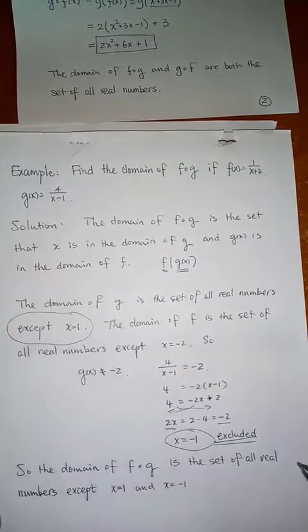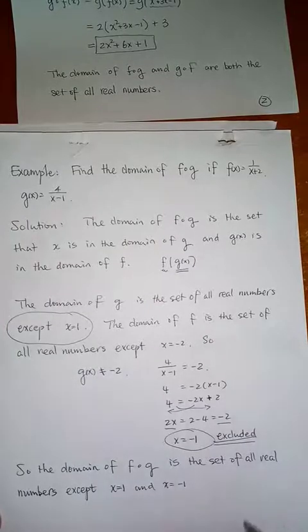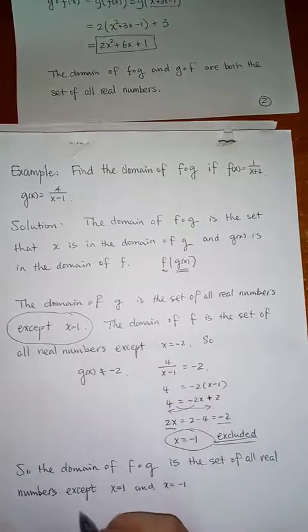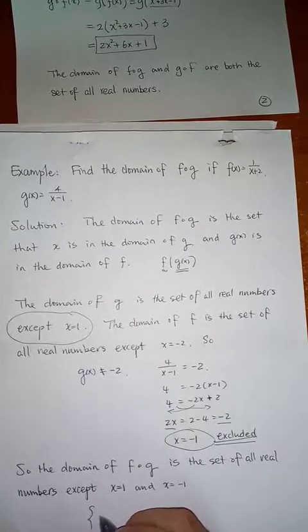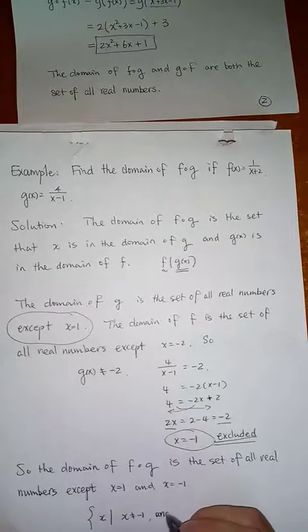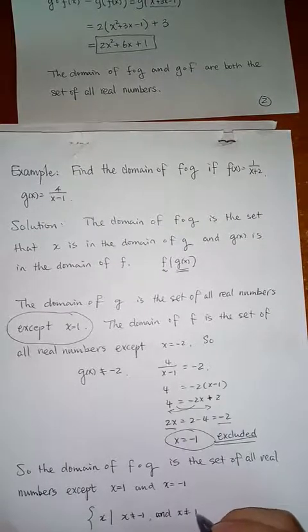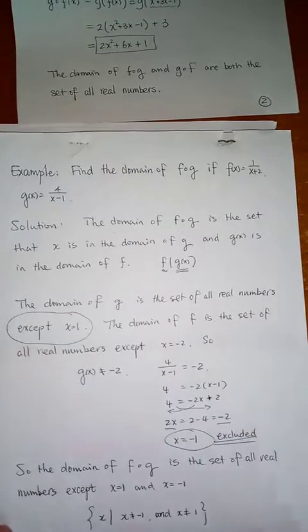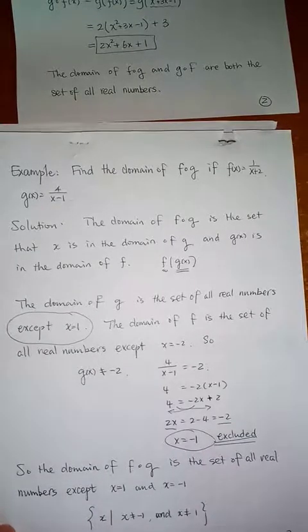Okay, so that is the domain. Except 1, except -1. If you want to write it, you can write this way: all the real numbers, x is not equal to -1 and x is not equal to +1. So this is the domain.